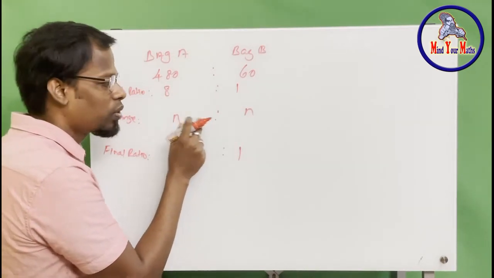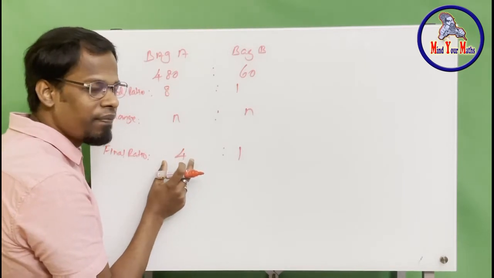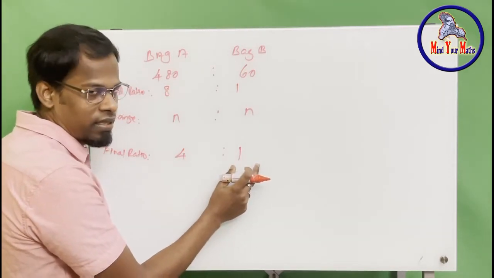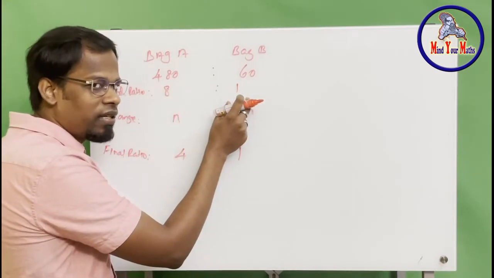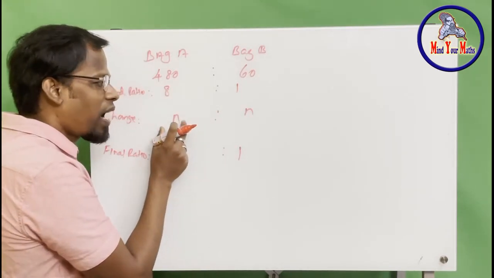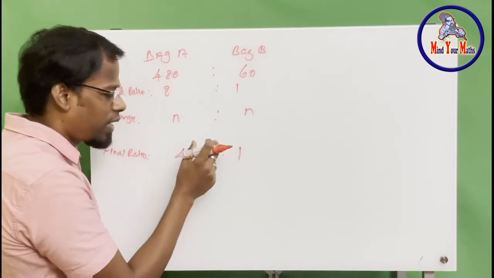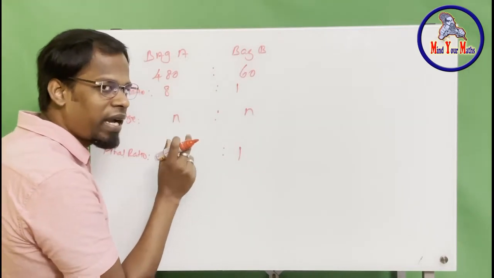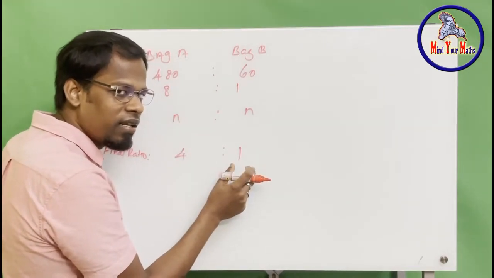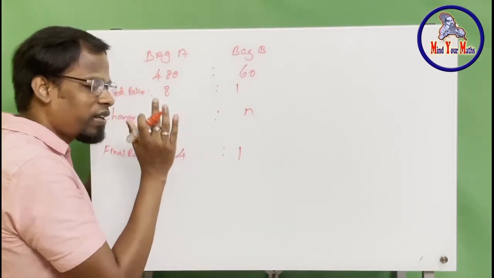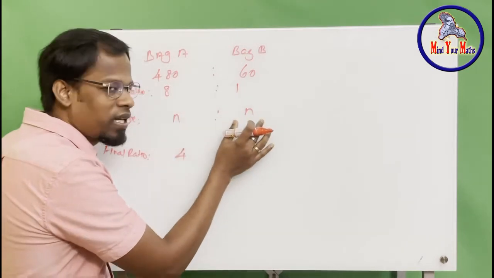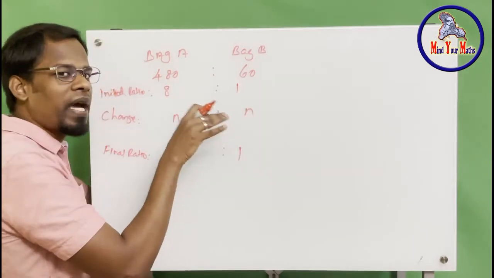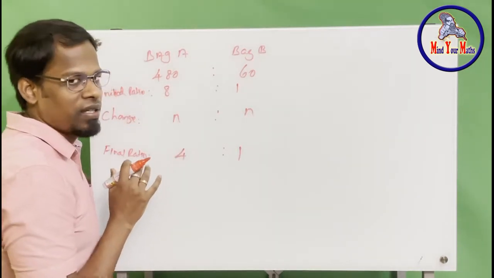Now you add 2 marbles on both sides. This side will become 8, this side will become 6. At the beginning 6 minus 4 was 2. After adding 2 marbles on both sides, 8 minus 6 is still 2 marbles. So the difference will always be the same because it is a constant addition, and it applies to constant subtraction as well.